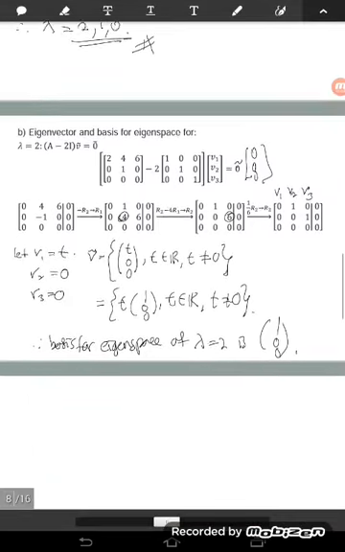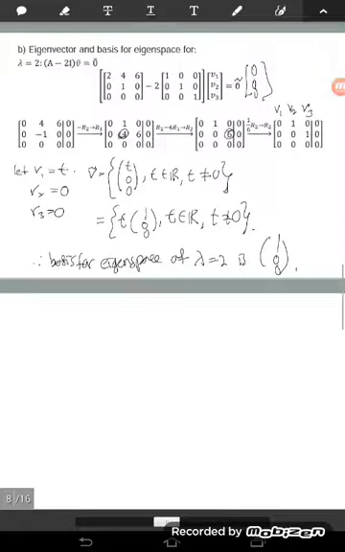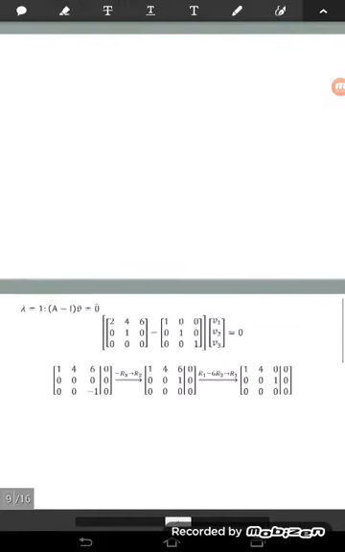Okay, after that, second eigenvalue, find the eigenvector and basis for the second eigenvalue, which is lambda equal to 1. For lambda equal to 1, we have this form. Convert into augmented matrix, so it becomes like this. Here we already have the leading one, so no problem.